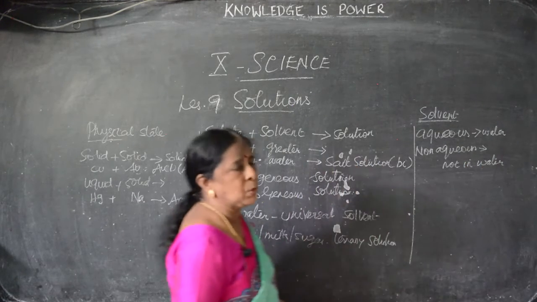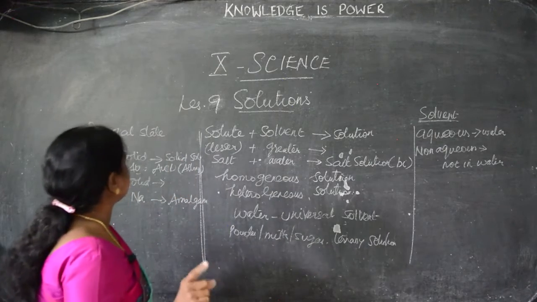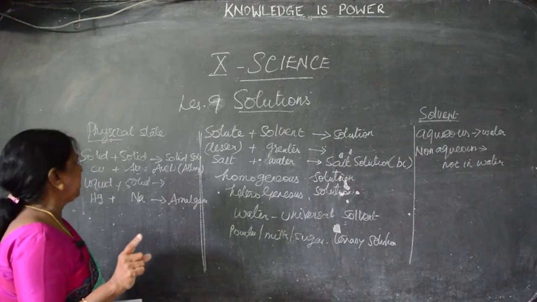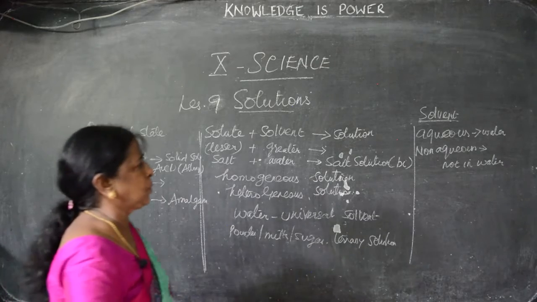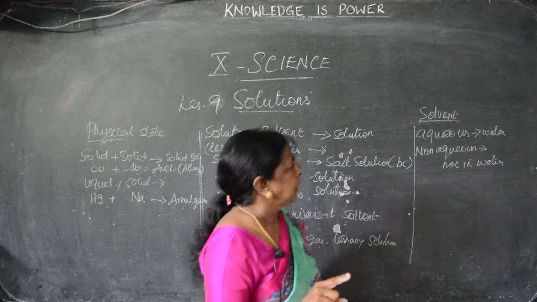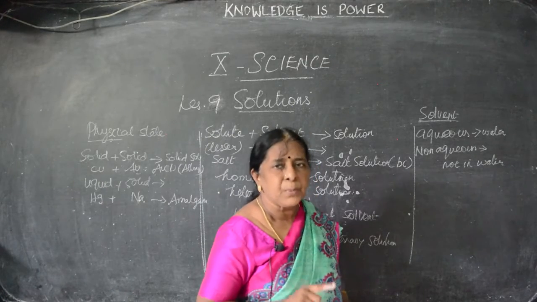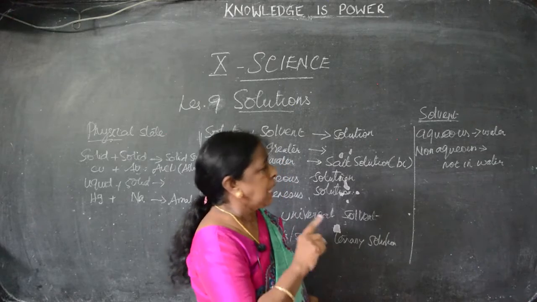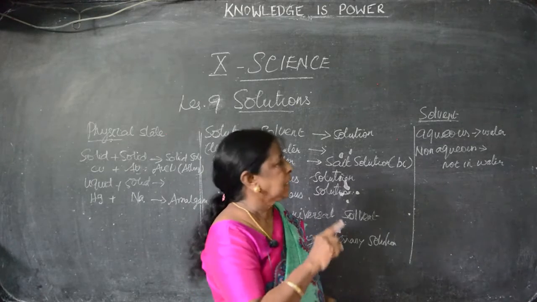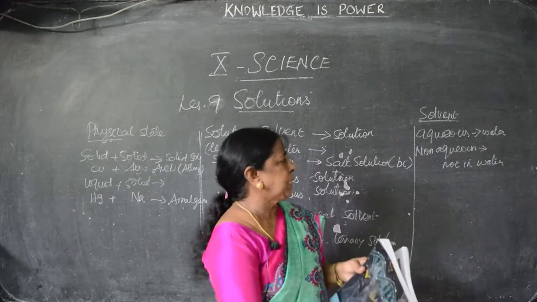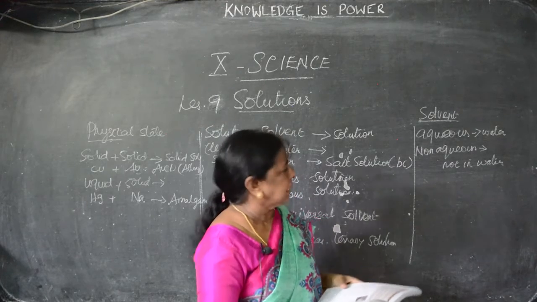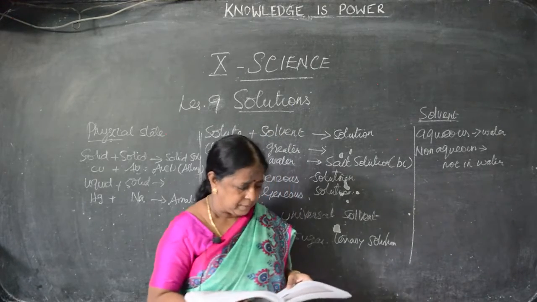So based on the physical state, the solution may be solid solution, liquid solution, gaseous solution. Based on the solvent, it is divided into aqueous and non-aqueous. Aqueous, that is, the solute can dissolve in water. Non-aqueous, the solute does not dissolve in water, either it can dissolve in carbon disulfide, ether, this and that.